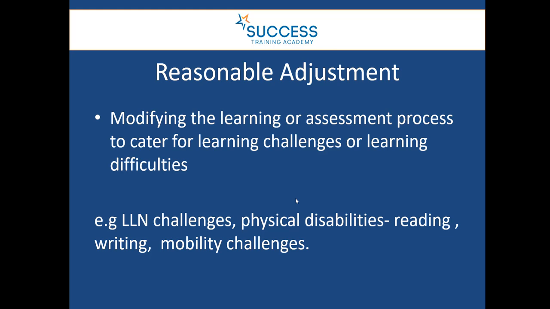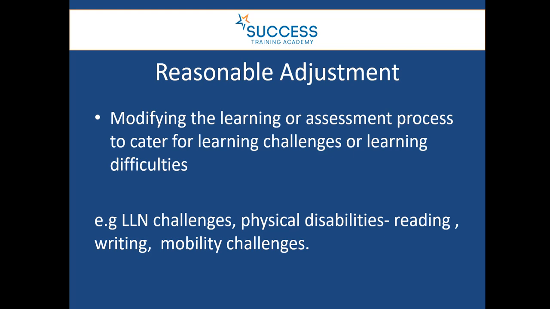Okay. Reasonable adjustment. It's a key term that you need to be aware of, and basically it just means modifying the learning or assessment process to cater for learning challenges or learning difficulties. So for example, if somebody can't read or write, then it would be unfair of the assessor to give them a written test. In that case, we would probably provide a scribe, or an opportunity for them to do it verbally.